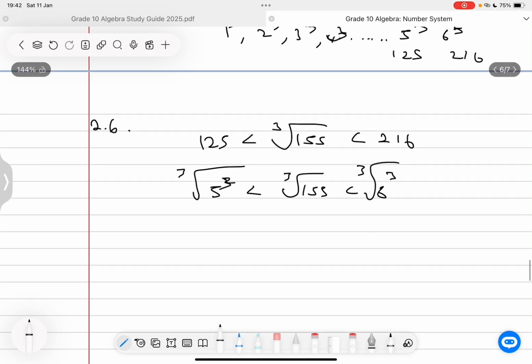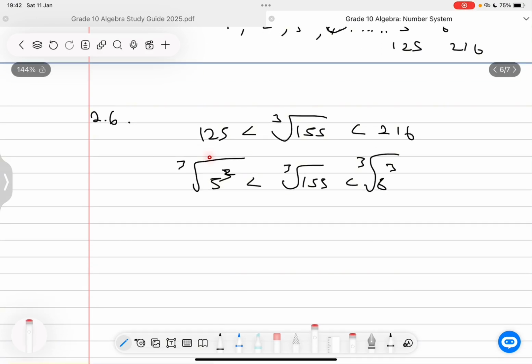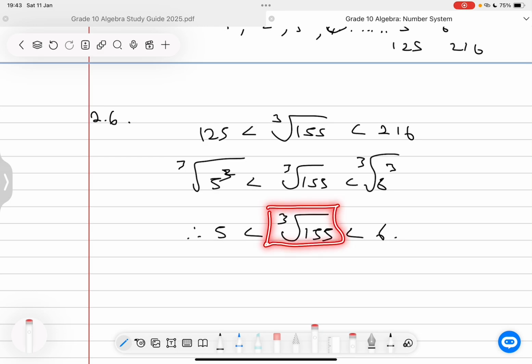And obviously when we put the cubic roots, the cubic root will cancel with that 3, so that I'm left with 5 is less than the cubic root of 155 is less than 6. So the final answer says that the cubic root of 155 is a number that lies between 5 and 6.